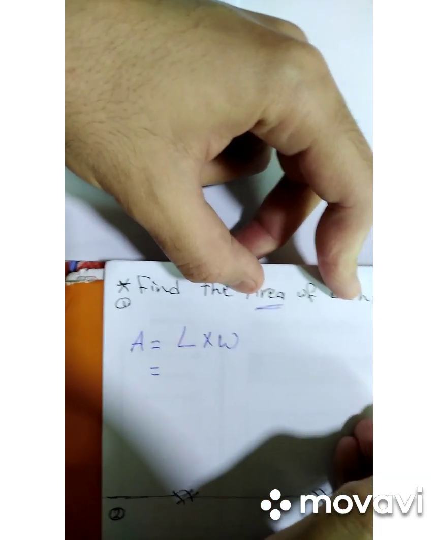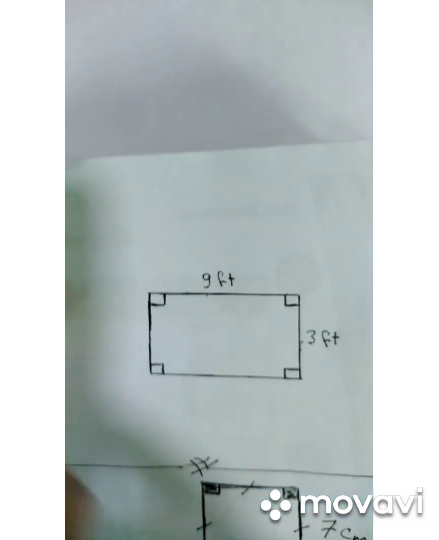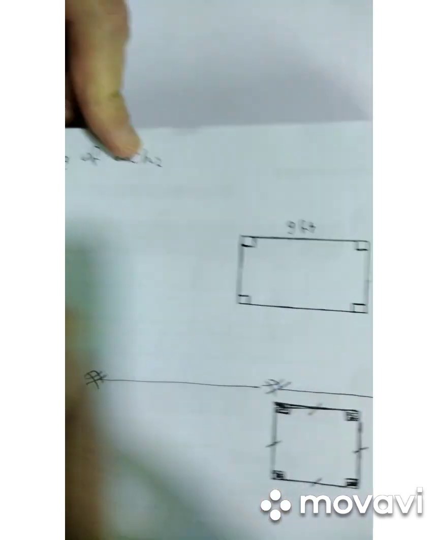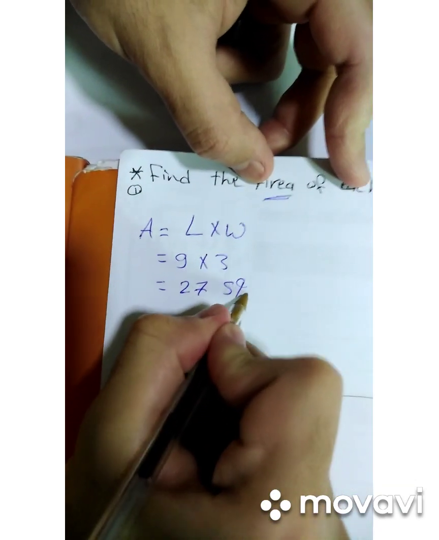It will be 9 times 3 equals 27. 27 what? Feet? No, it's not a metric unit. It's a square unit. So it will be square feet.